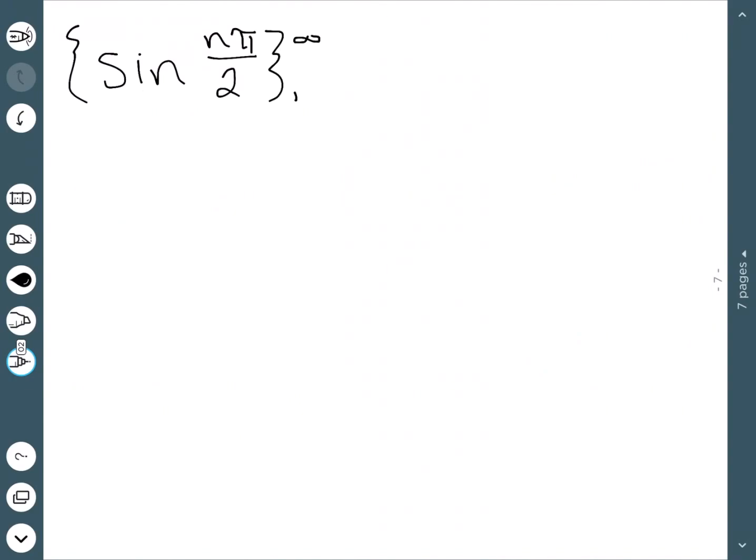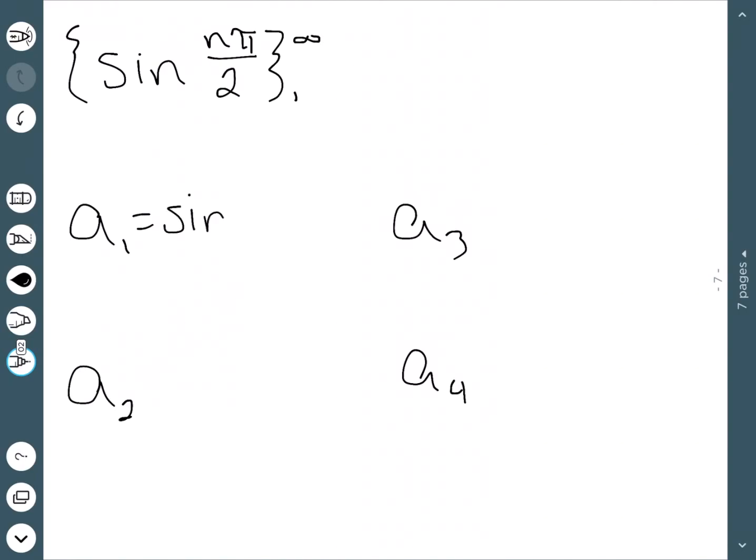Now I have sine of n pi over 2, and once again we're going to try to find the first 4 terms. If n is 1, I have sine of pi over 2, which is 1. The next one, sine of 2 pi over 2, will be sine of pi, which is 0.